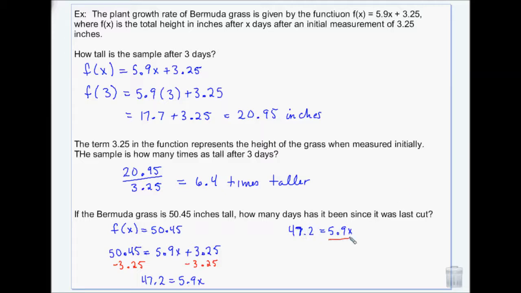And then I'm going to divide by 5.9, and x would be 8 days. Again, obviously, grass is not 50 inches tall in only 8 days, but the steps are in the right order.